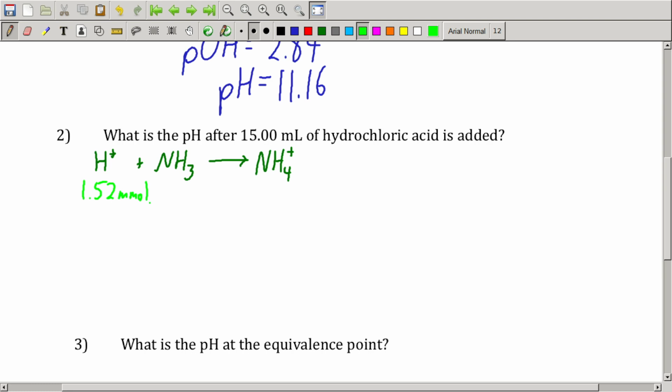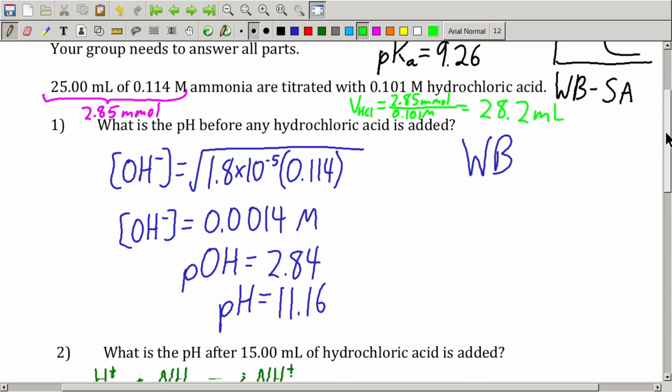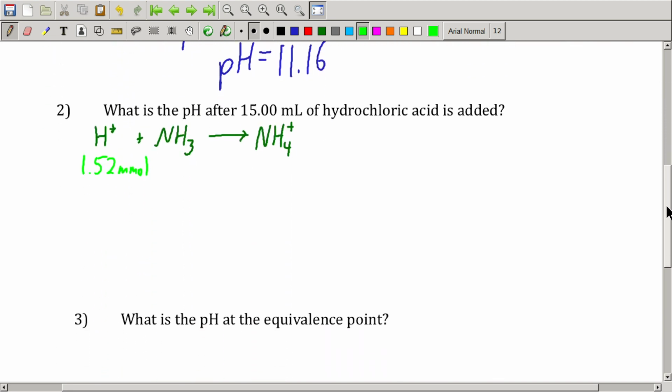Okay, so we start with that. And what did we say? I've already forgotten how many millimoles of ammonia. 2.85. Okay. So we're mixing that with 2.85 millimoles of NH3.